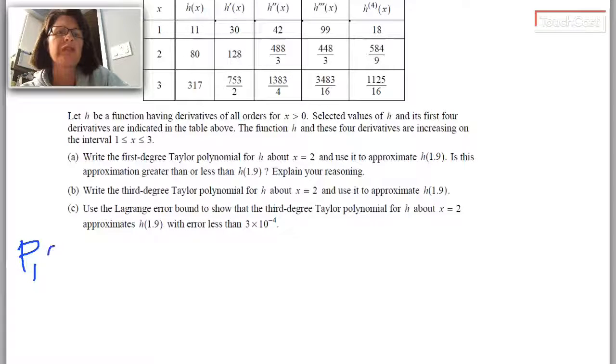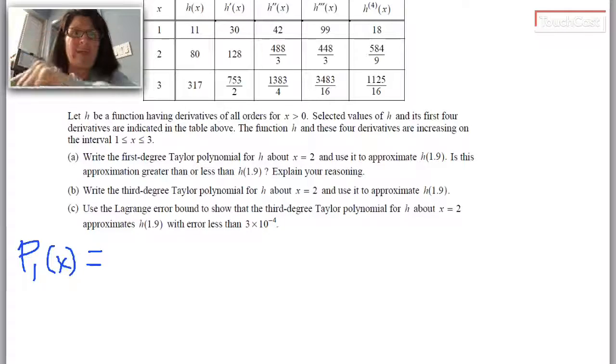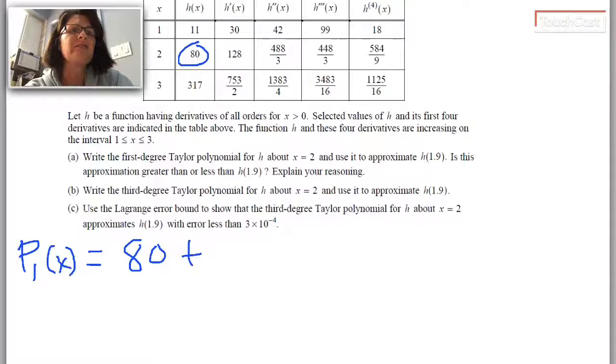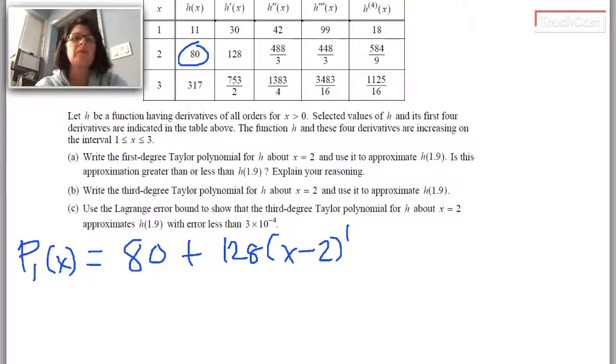The first degree Taylor polynomial, which is a function that I can plug an x into, has as its first term h of 2, plus the first derivative, 128, times x minus 2 to the first, all over 1 factorial.